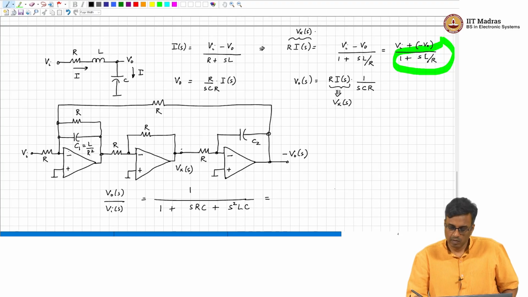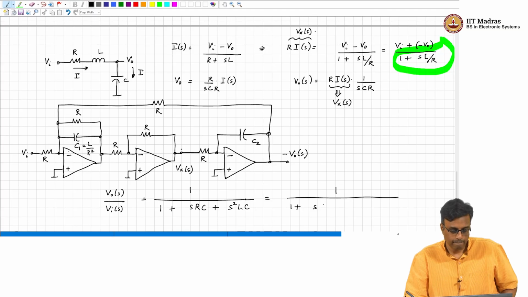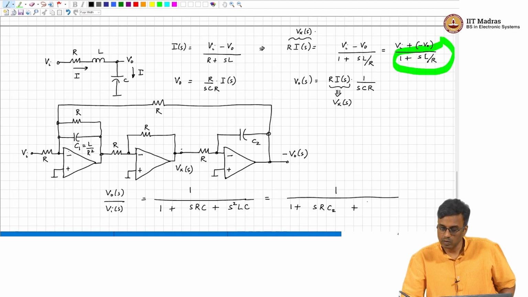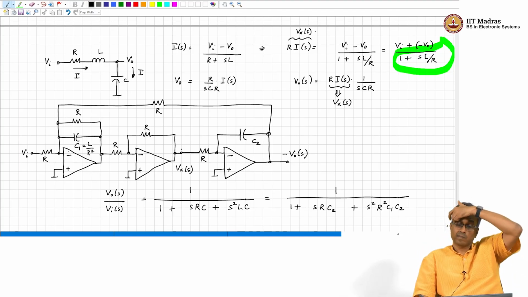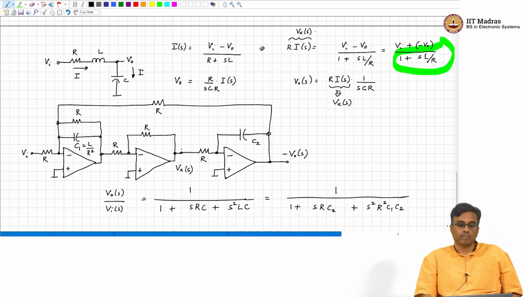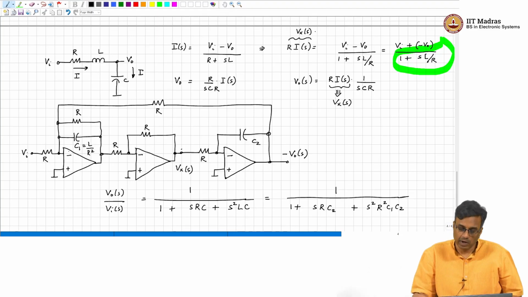So, which is nothing but 1 by 1 plus S R C2 plus S square R square C1, all right, it must be minus.